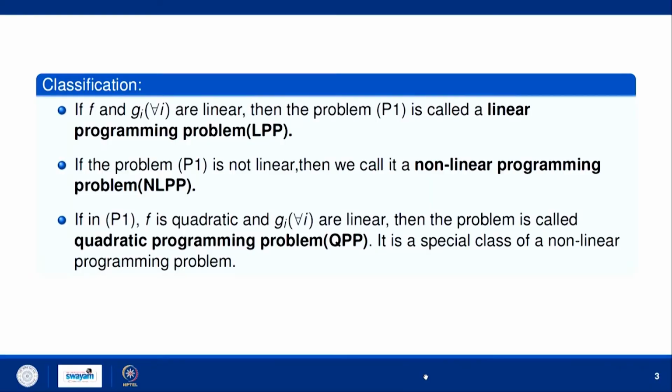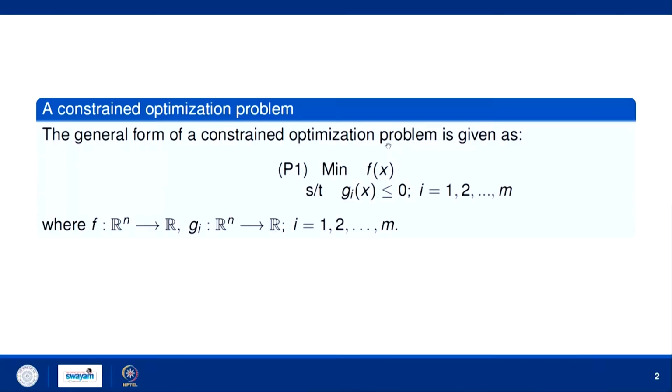Now, there is a special class of non-linear optimization problem, and that special class is called the quadratic programming problem. What happens in a quadratic programming problem? In this problem P1, if this f(x) is quadratic, that is of degree 2 or power 2, variables have maximum power 2, and all constraints are linear, then such problems are called quadratic programming problems.